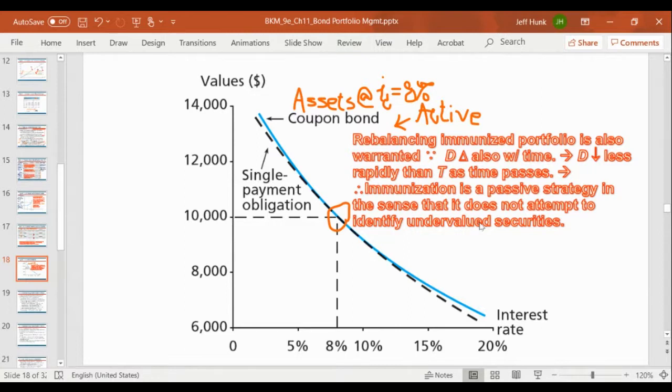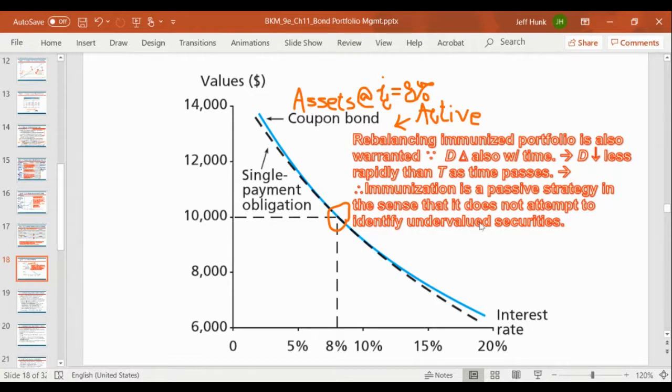If you rebalance every couple of years, every 3 years, 4 years, practically you cannot rebalance every year. You can, but practically it's very cumbersome, unless there is a significant change in interest rate, and a significant discrepancy between the asset value and the liability values, right?